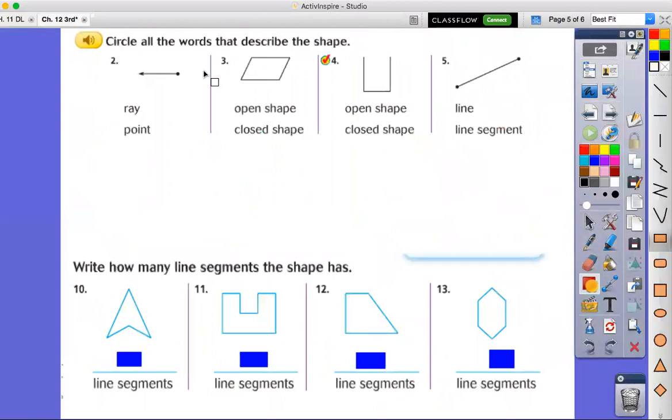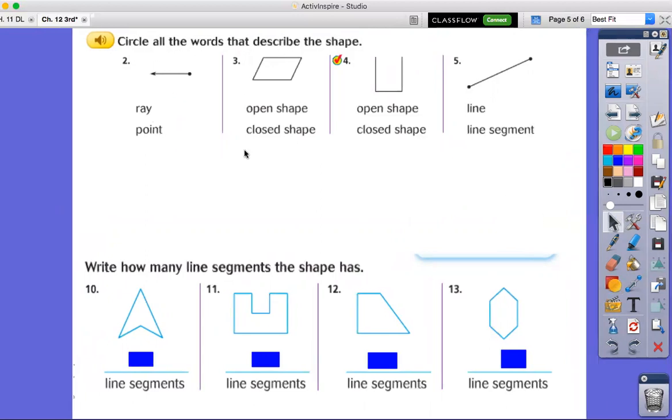Circle all the words that describe the shape. Is this shape a ray or a point? It is a ray. I know it says circle it, but it's hard for me to circle with this pen. Is this an open shape or a closed shape?